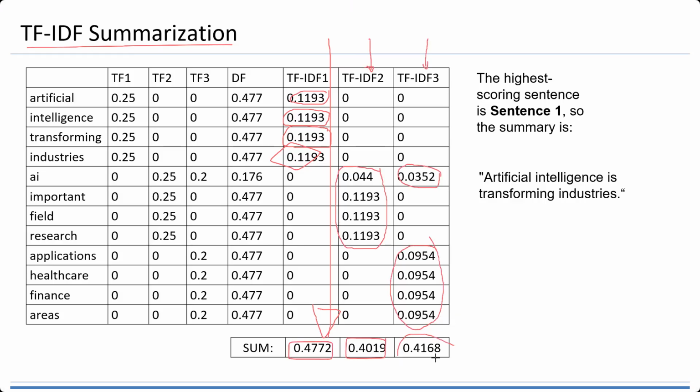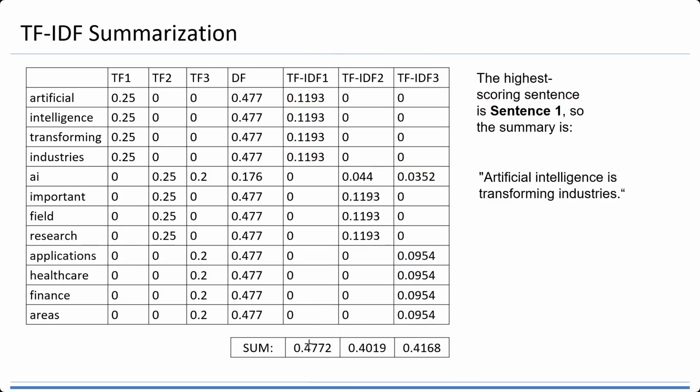And we do the comparison. The highest scoring sentence is sentence 1. Why? Because based on the summation, the value is 0.47. This is the highest among the other sentences.